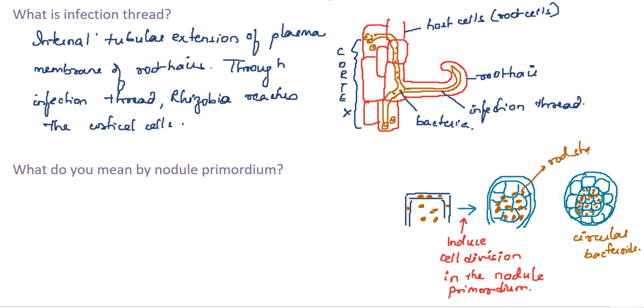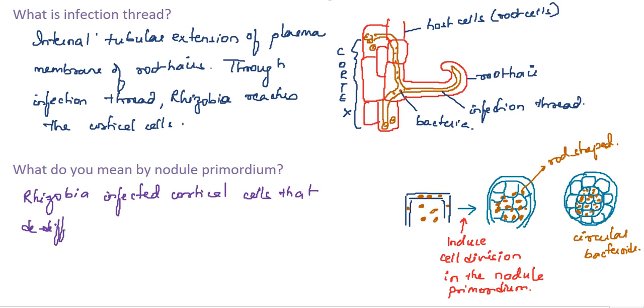So, what is nodule primordium? If I write it in definition form, what will you mean by that? In the nodule primordium, the rhizobia infected cortical cells de-differentiate, meaning they had all become permanent cells, and they start dividing again.